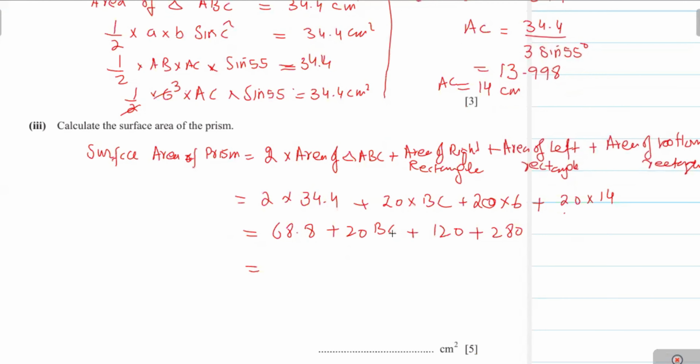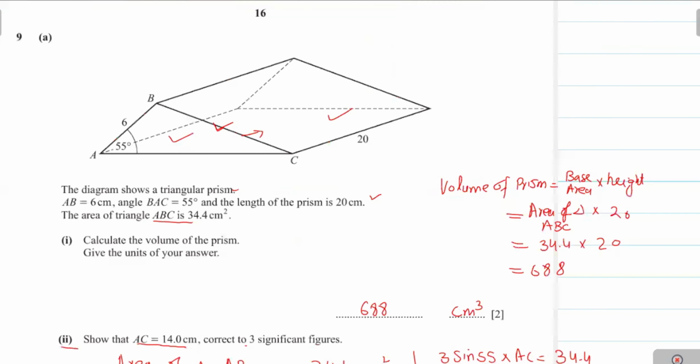We will find the BC length to calculate the area of the prism. The length of BC we can find by using the cosine rule because the two sides AC and AB and the angle between them are given. We can find the opposite side of this triangle.